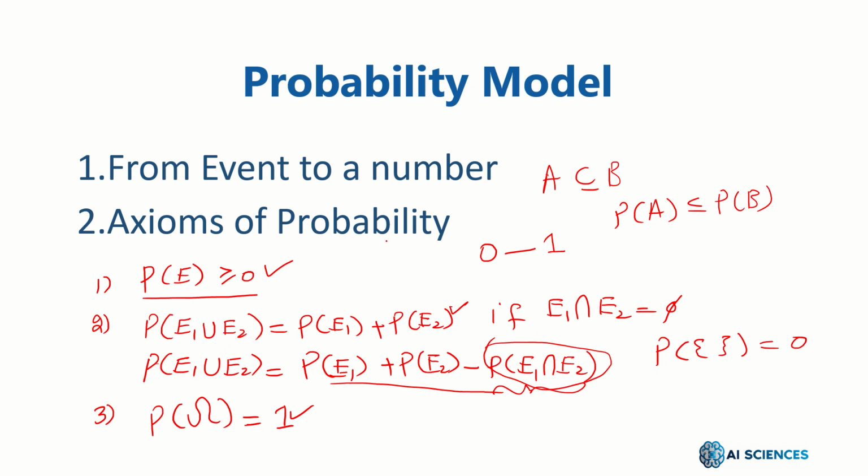For example, let me write: the probability of A union B is always smaller than or equal to the probability of A plus the probability of B, where A and B are events. And this becomes equality if A and B are disjoint. Otherwise, this will stay smaller and this will stay larger. And there are several conclusions that you can make on different kinds of relationships among different kinds of events. Remember, each event is a set.